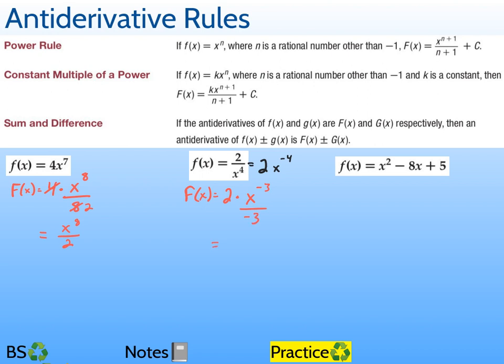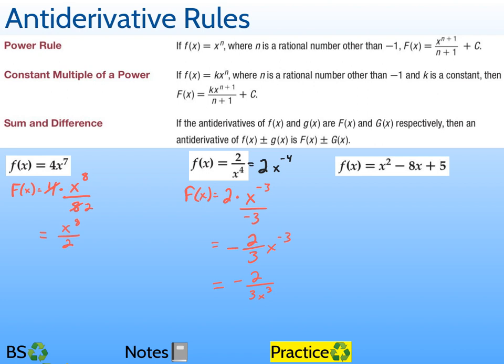So to rewrite this a little cleaner, it's negative 2/3 x to the negative 3, which if you wanted to make it even more clean, you could do negative 2 over 3x cubed.